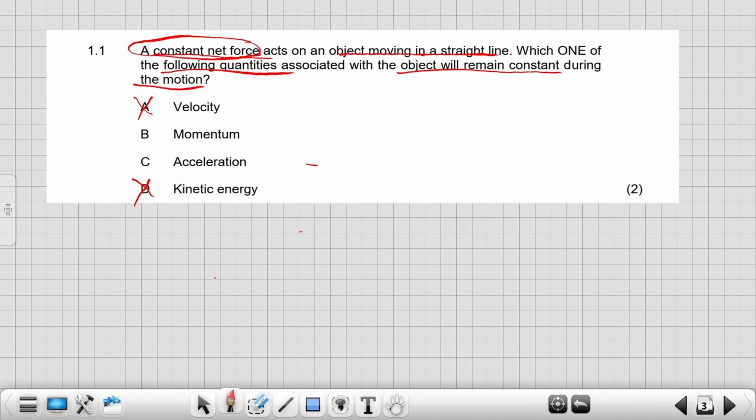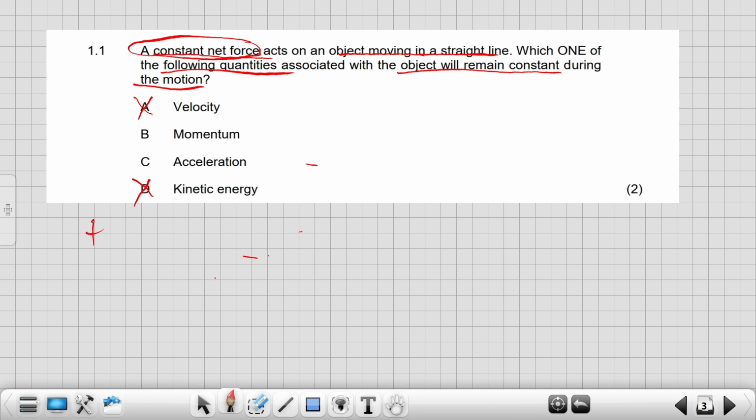So I am left with 2 options. First option is momentum, and the second option is acceleration. What is the relationship that I know between net force and momentum?